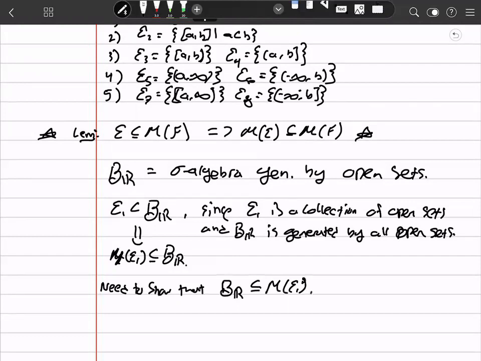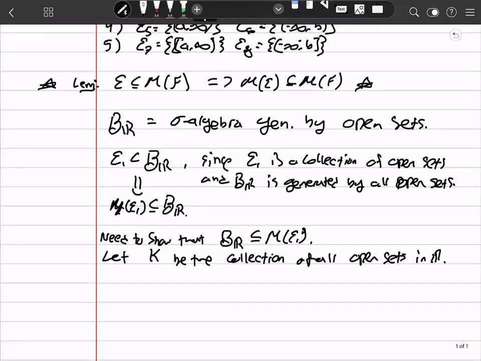Let's say we let K be the collection of all open sets in R. Well, we can see that K is actually contained within M of E1.